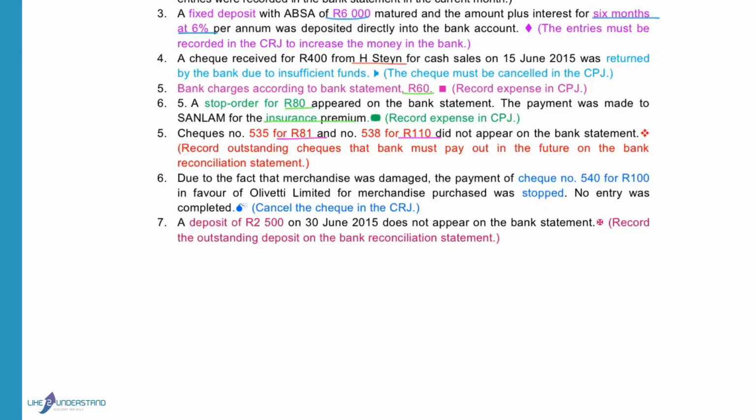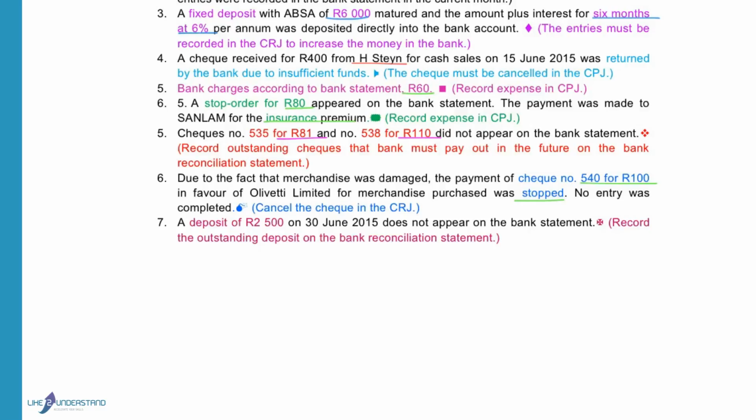Due to the fact that merchandise was damaged, the payment of check number 541 for 100 Rand in favour of Olivetti Limited was stopped. No entry was completed. When we issued the check, we recorded it in the cash payments journal. So if the check was stopped, we gave instructions to the bank that they must not pay out this check.